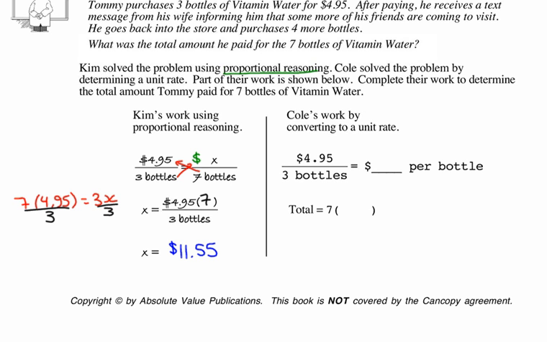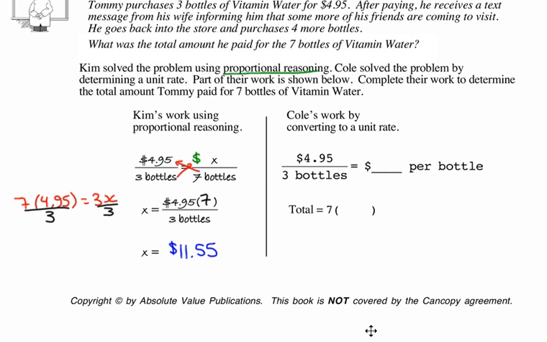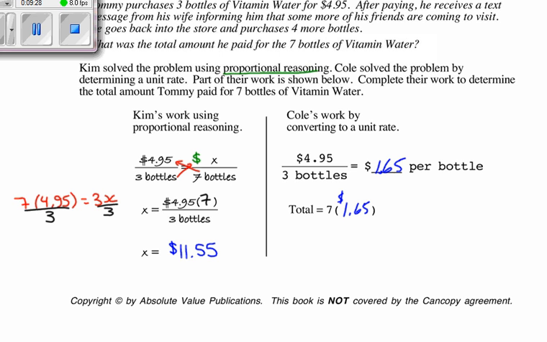Okay, so now let's find the unit rate. If we know he spent $4.95 for 3 bottles, then let's find out how much 1 bottle cost. So $4.95 divided by 3, we get $1.65. So that means it's $1.65 per bottle. And if you bought 7 of them, we can just say, okay, what's 7 bottles times $1.65 each?